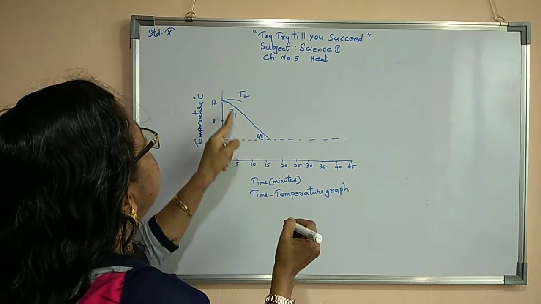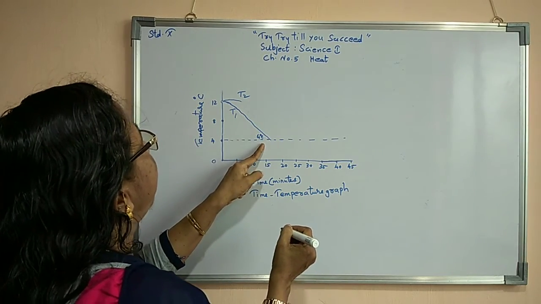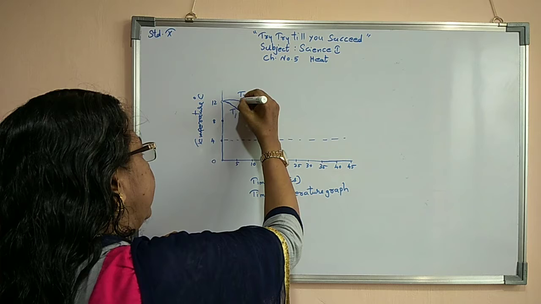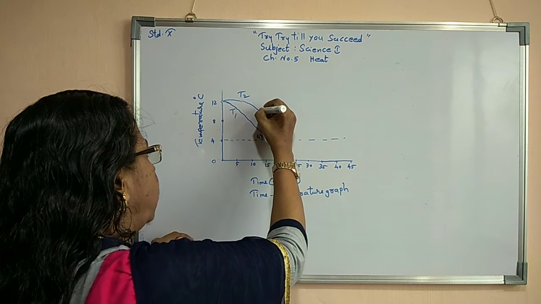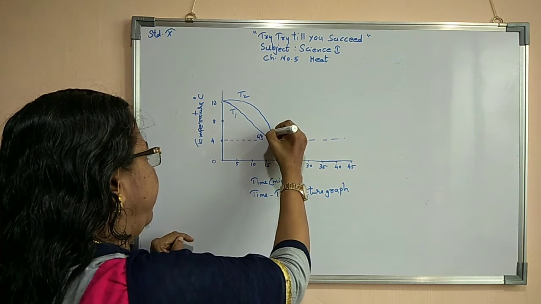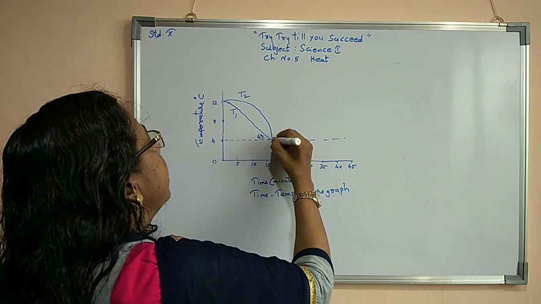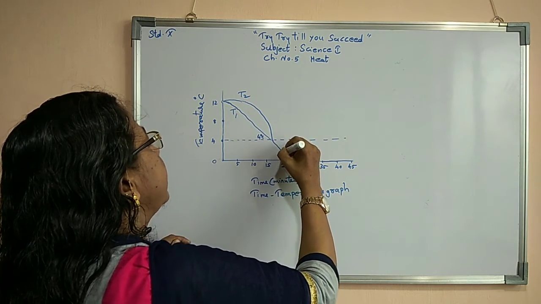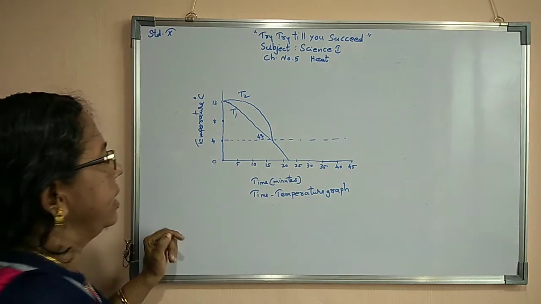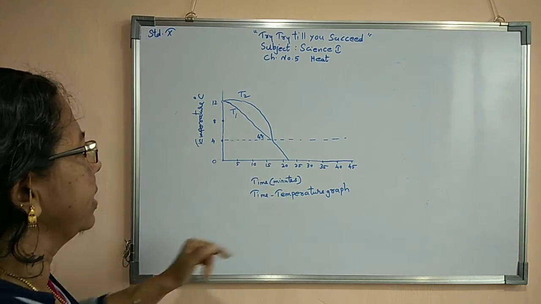After that, once its temperature reached 4 degrees Celsius, the second thermometer started to decrease its temperature very fast. Afterwards it continued falling until it reached 0 degrees Celsius.